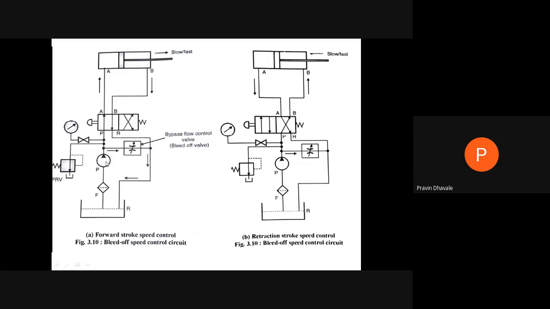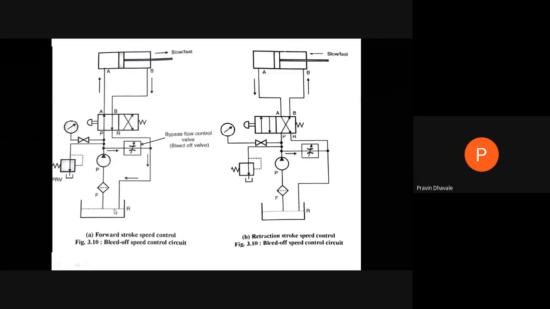Whatever amount of control fluid we require to supply to the cylinder will be metered by this flow control valve or bypass control valve, placed in a bypass line that supplies the surplus amount of fluid coming out from the pump directly to the reservoir.